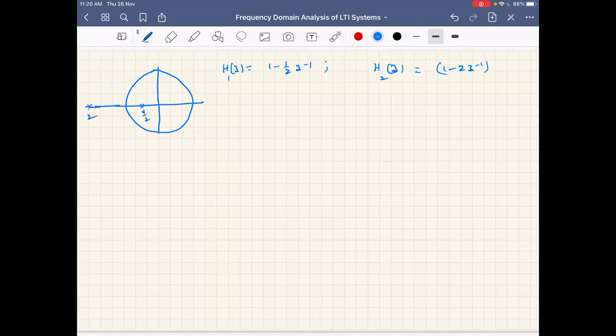Okay, so the systems having zeros at z and 1 by z star have the same magnitude response.